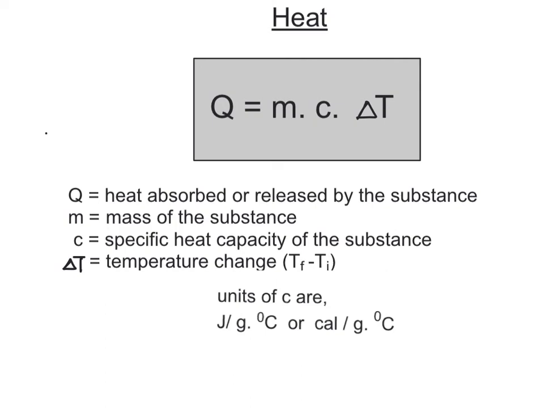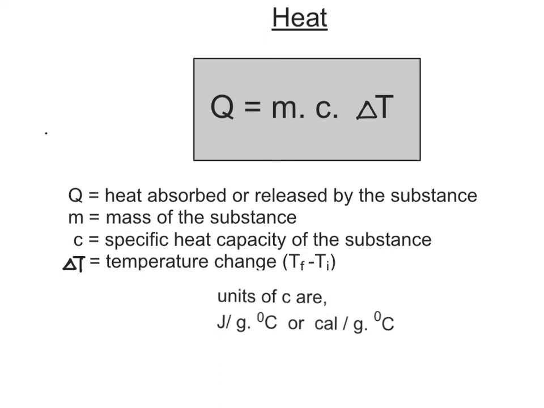The amount of heat absorbed or released by a substance is given by Q and depends on the mass of the substance m, the specific heat c, and the temperature change delta T. The specific heat of a substance is the amount of heat needed to raise the temperature of 1 gram of the substance by exactly 1 degree Celsius.